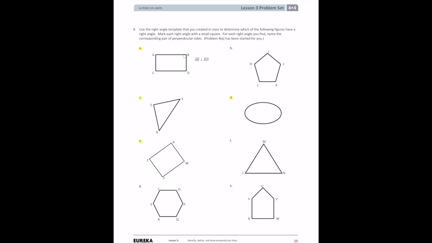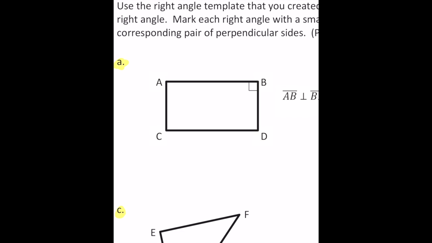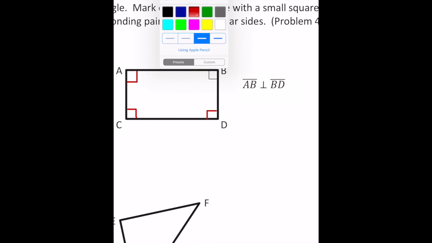And there are many more. All the other sides are considered perpendicular as well. So let's look at that. Okay, so we can see that there's perpendicularity here, here, and here. So how would you call that out?